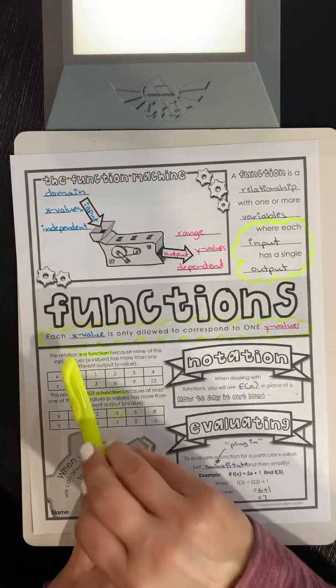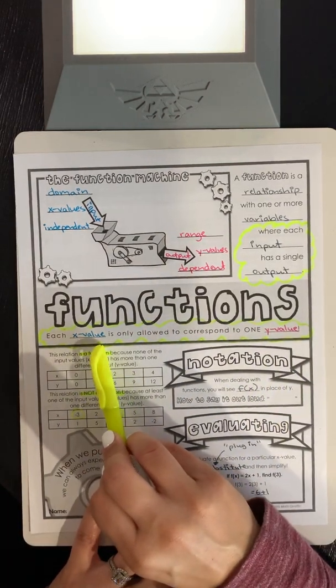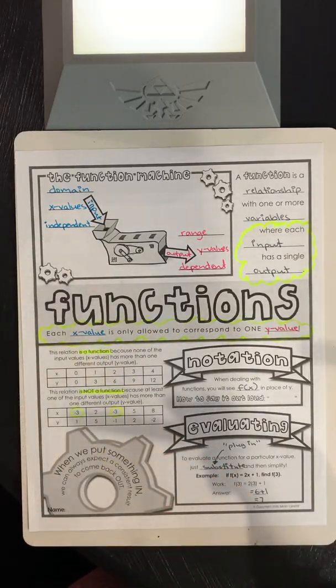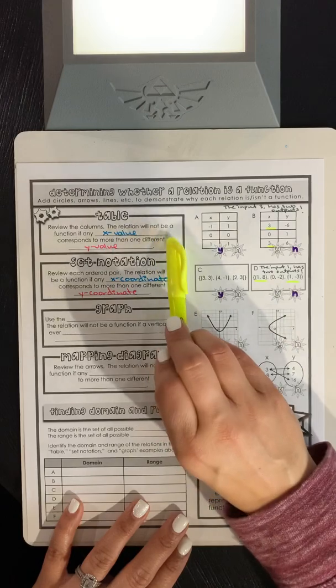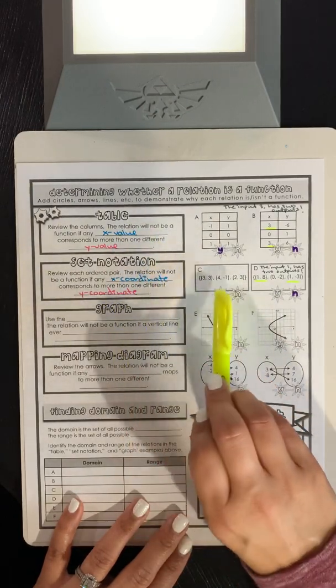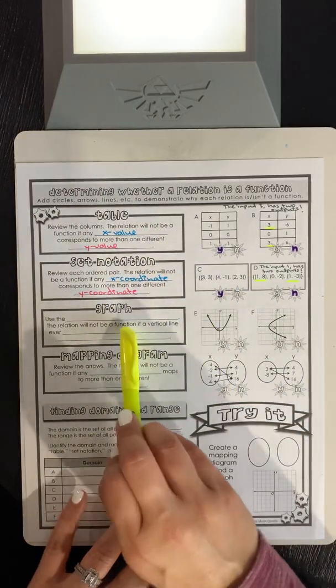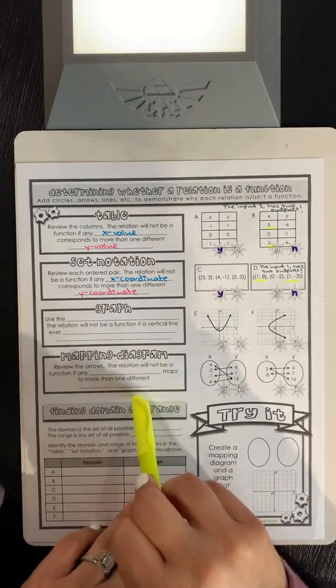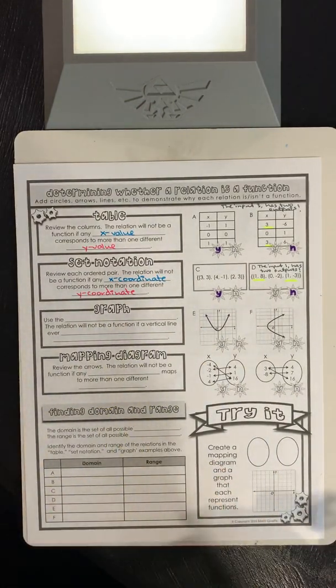If you just keep going back to this sentence over and over today, you'll be able to answer questions in the forms of tables, set notation, or coordinates, graphs, and mapping diagrams. And today's focus was on graphs and mapping diagrams.